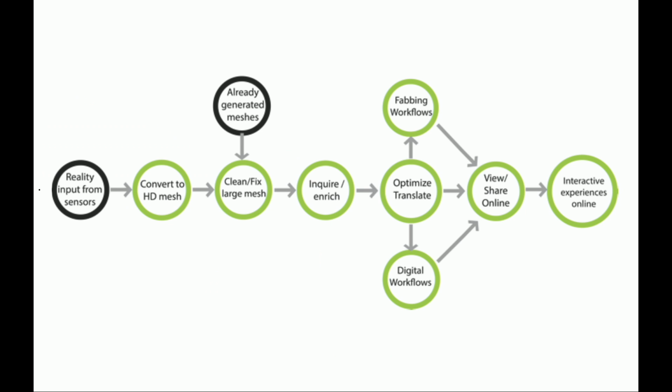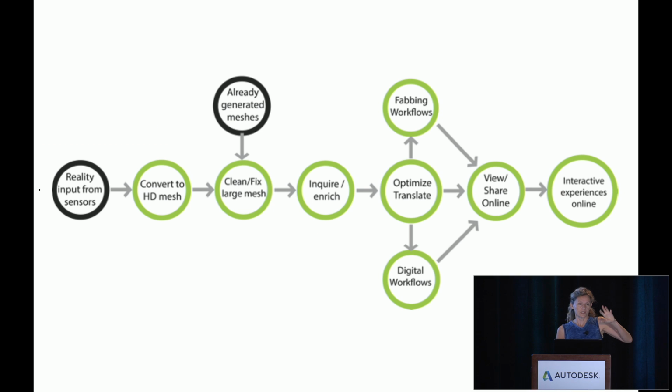So number 1, when you look at the workflow, we can read input from any sensor data. Today, it's mainly around photogrammetry. We have in alpha testing laser scan to mesh and also structured light to mesh. The point is we want to be agnostic to any type of sensor data. We create a high quality mesh from that, and then we have really smart and super easy to use tools to clean up the environment, to find all the problems, particles, tunnels, holes, etc. on a mesh.